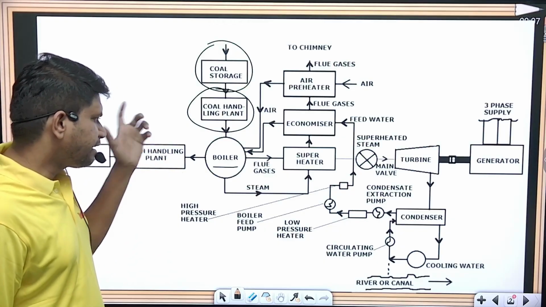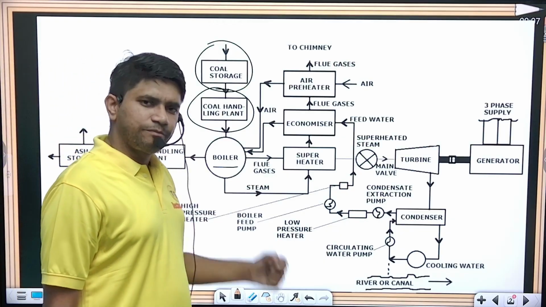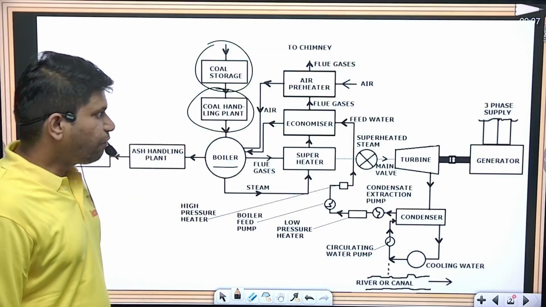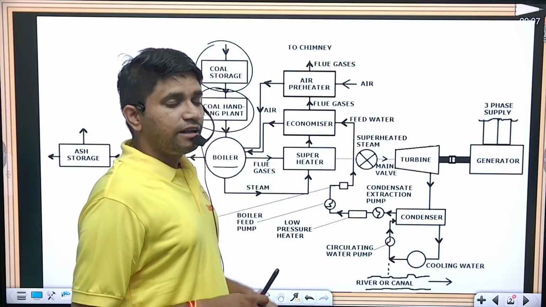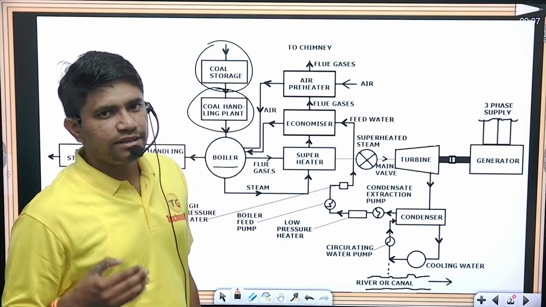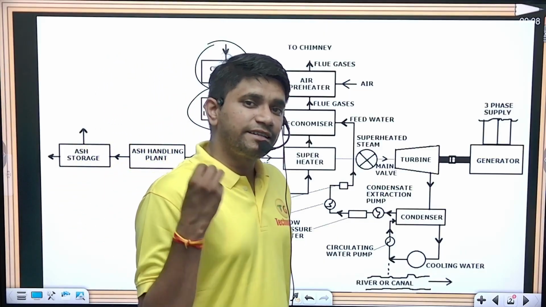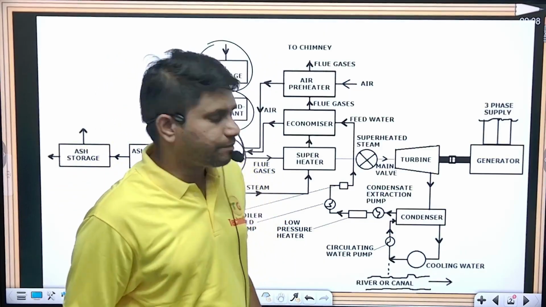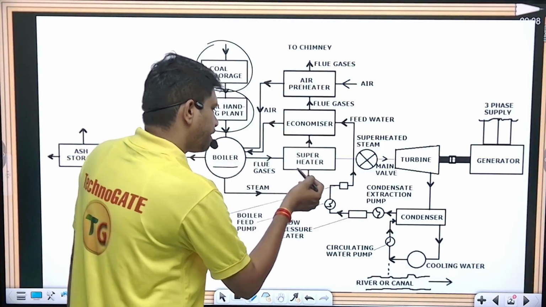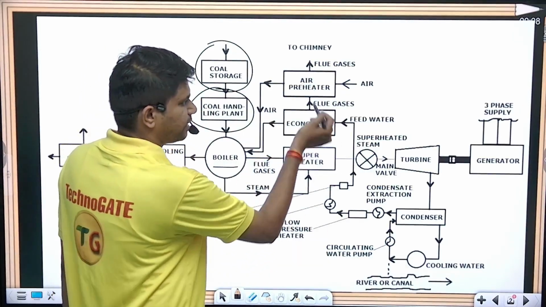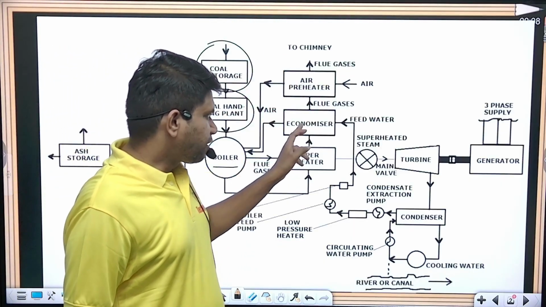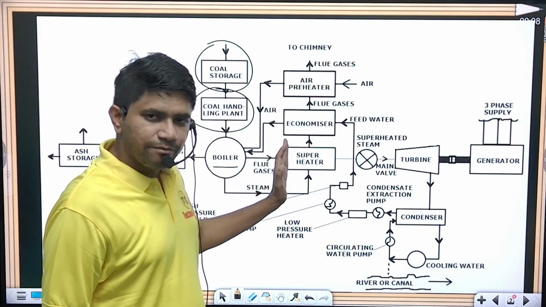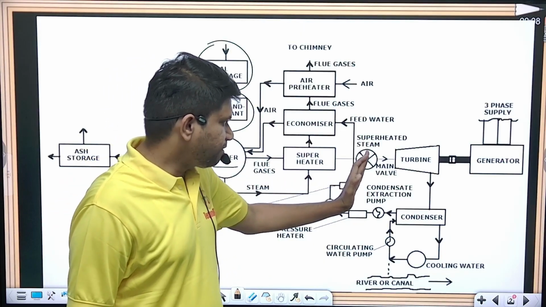Clear? Now we have steam. Now we have a sequence of multiple components which are there to reduce the pressure as well as to inject heat into the steam. Those are the superheater, the economizer and the preheater. With the help of these, the steam is transferred to the steam turbine.